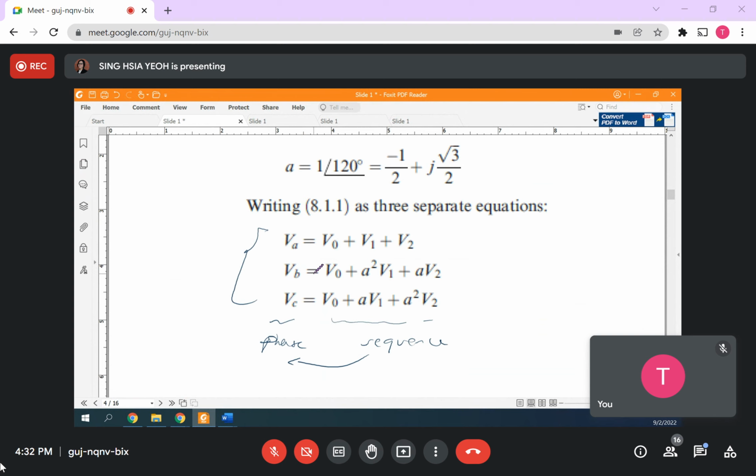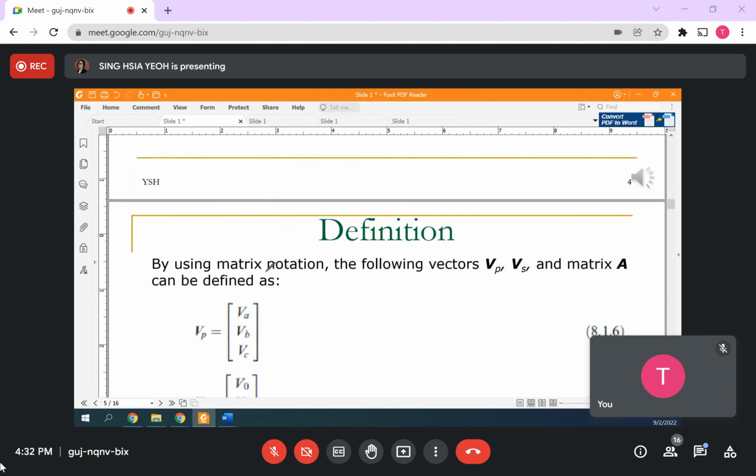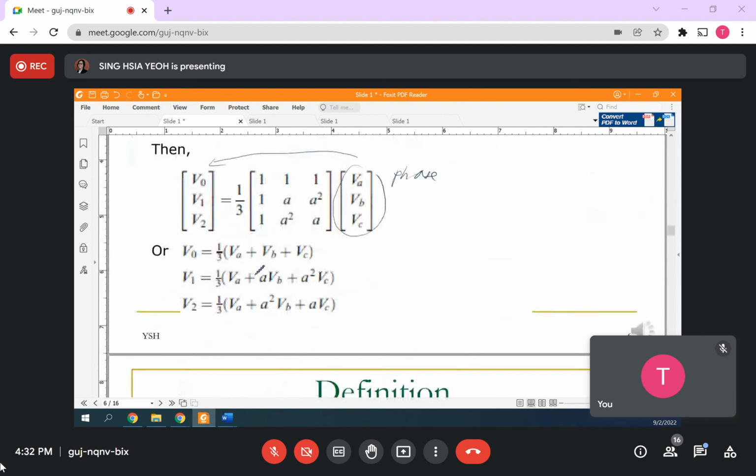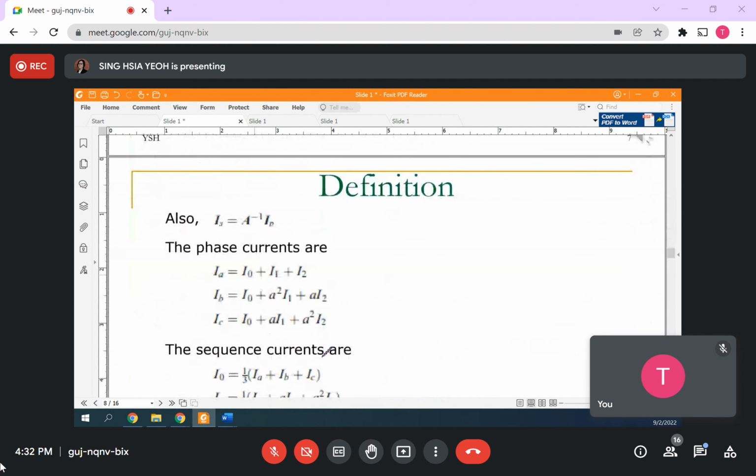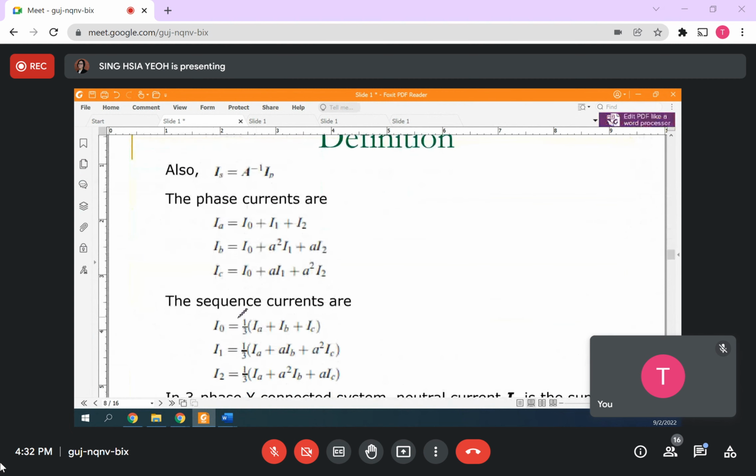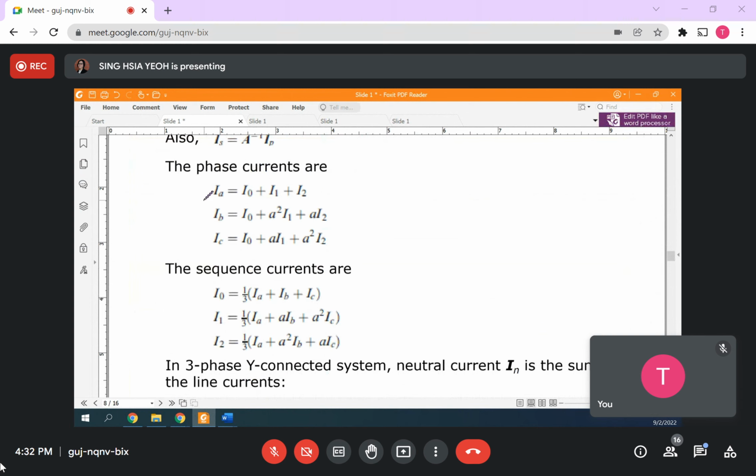The good news is that current and voltage are the same. You just have to change the V to I only. Current and voltage, they are the same. So the main thing in this chapter is just the phase to sequence and sequence to phase formulas.